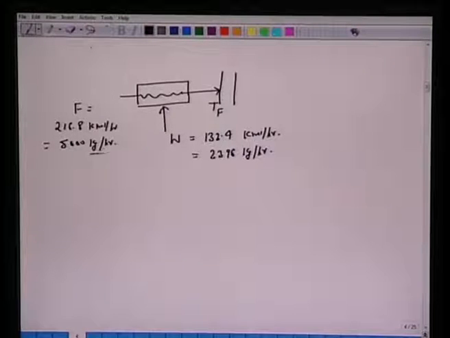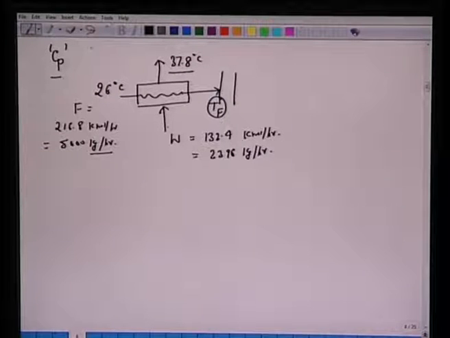We sometimes require this data as well, 5000 kg per hour, because it depends upon the values we obtain from the literature, whether it's per kg or per kilomole. The feed temperature was given to us as 26 degrees centigrade. This is the TF which we want to obtain. The problem says that this residue leaves this heat exchanger at 37.8 degrees centigrade.